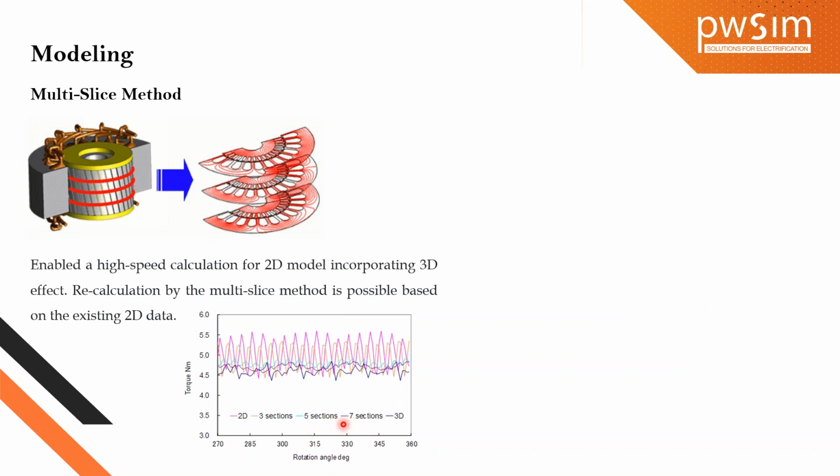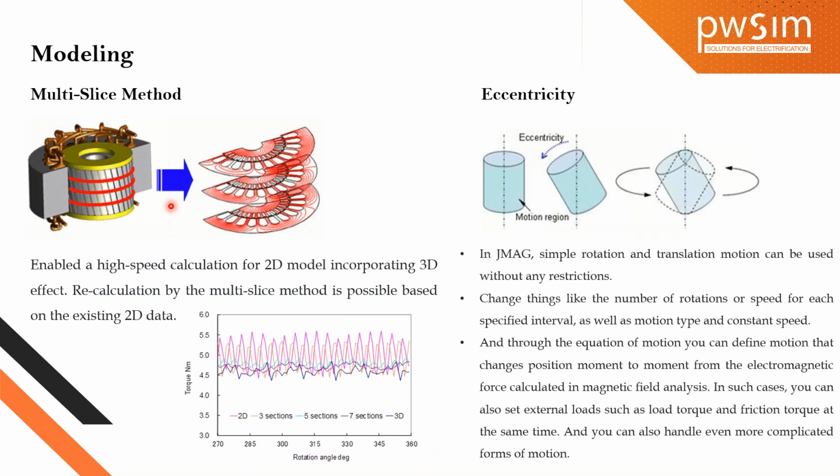We define the sections for the skew and the skew angle, and you get the same type of torque curve as a 3D analysis. We can get the results in a faster time compared to 3D simulation. That is the benefit of this multi-slice method.